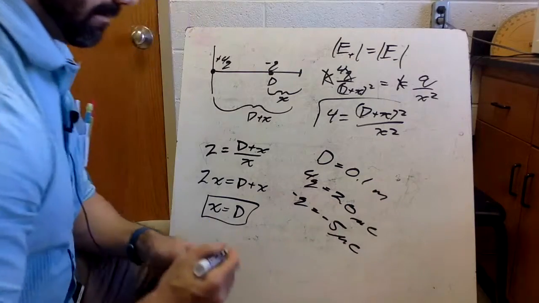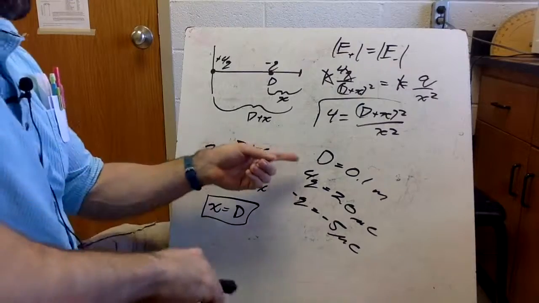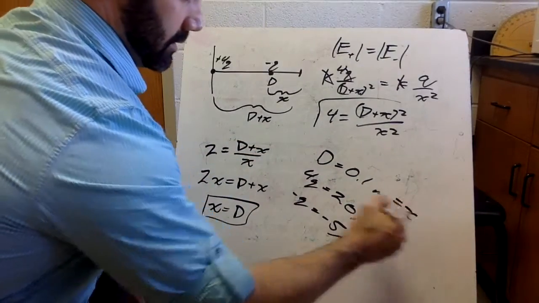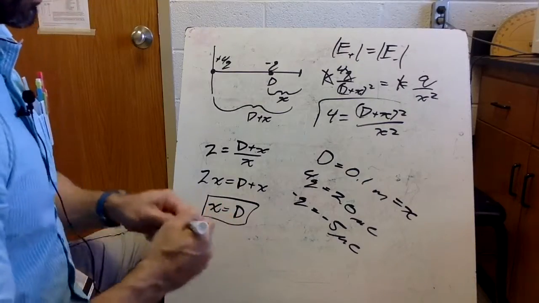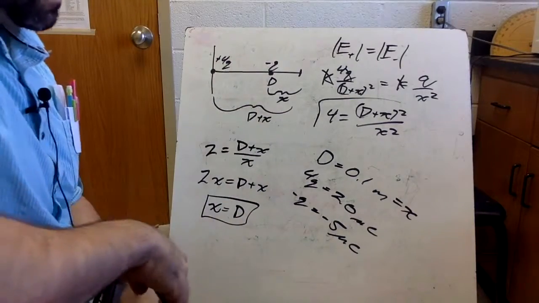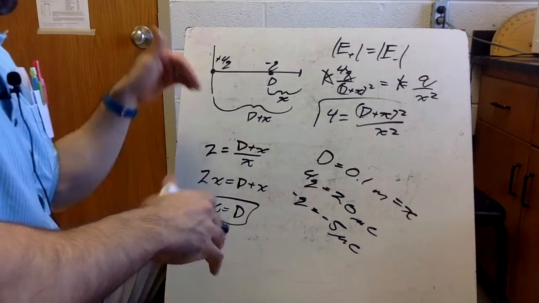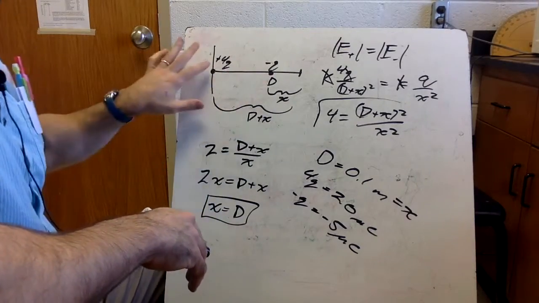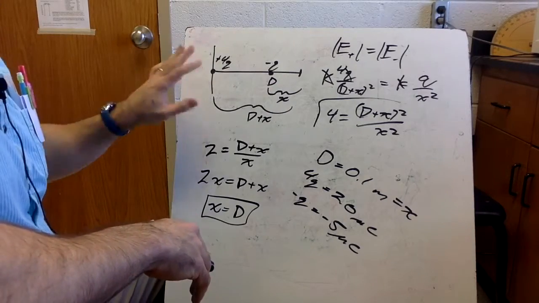And this is in meters. So now we already really have the answer to 6. The answer to 6 is that x is equal to d, when we have this situation. And like we said before, in the middle here, the electric field lines will always point to the right, and on the left over here, the electric field lines will always point to the left.